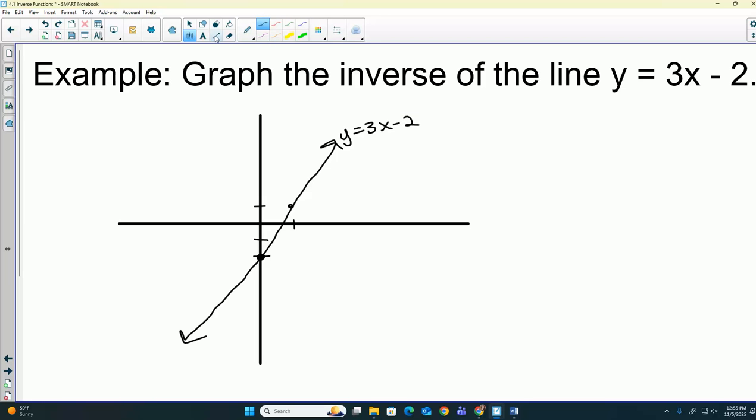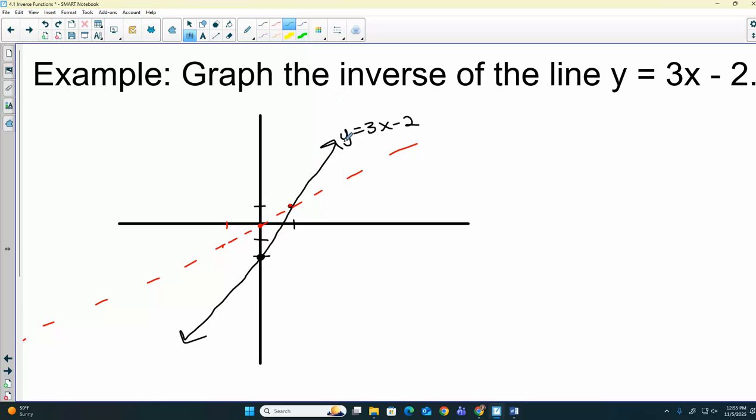If you graph the line y equals x, y-intercept is 0, slope of 1. That red line should be the line of symmetry for this graph.